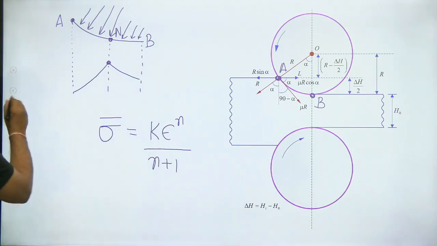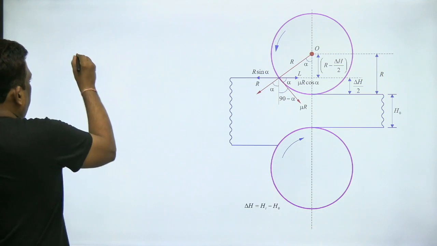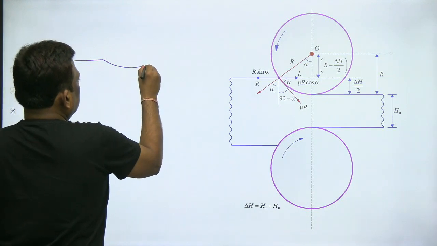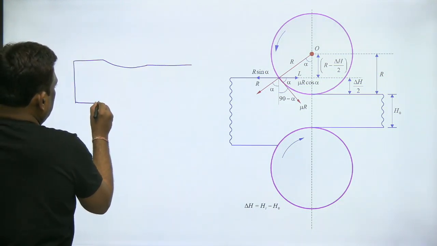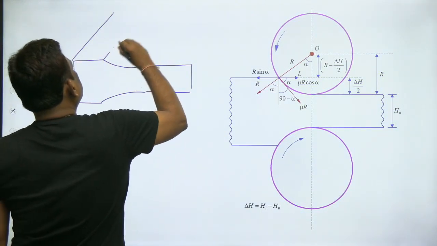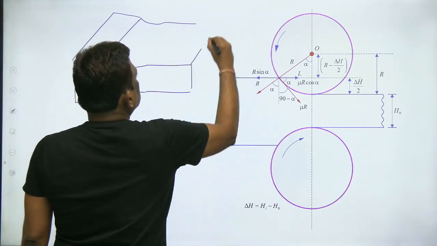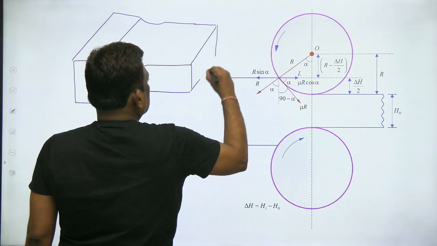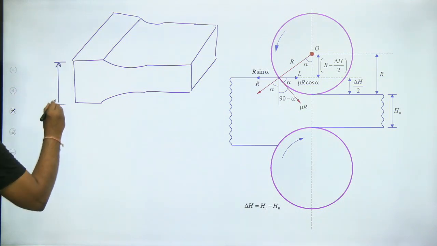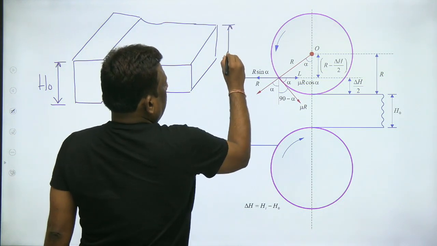Now, I'll show you the figure of my deformation zone so you can understand. I'll show you, don't worry. This is my original thickness and this is my final thickness.